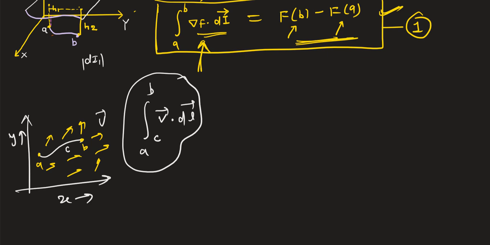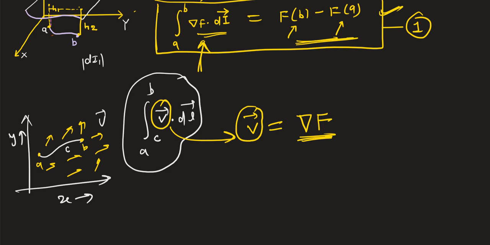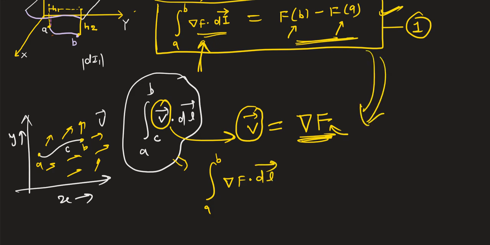Now what I'm saying is that if I can somehow represent this vector b as the gradient of some function, let's say capital F, then I can write this line integral from a to b as the integral of delta f dot dl vector, and from equation 1 I can say this would be simply equal to f of b minus f of a.